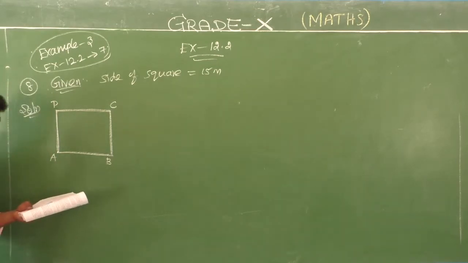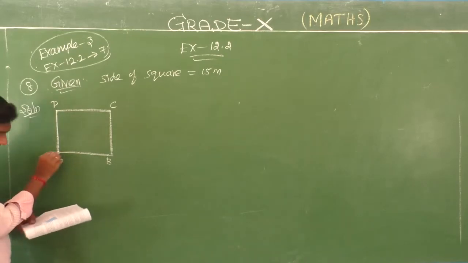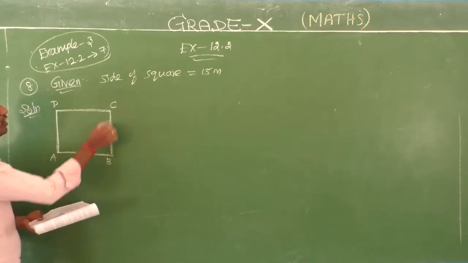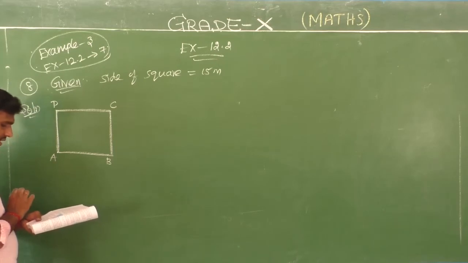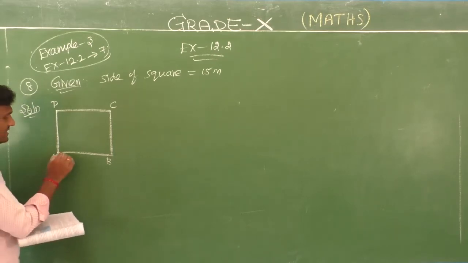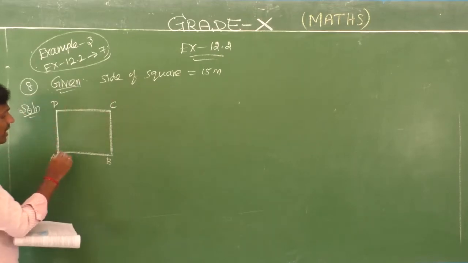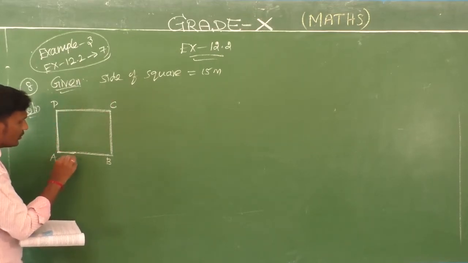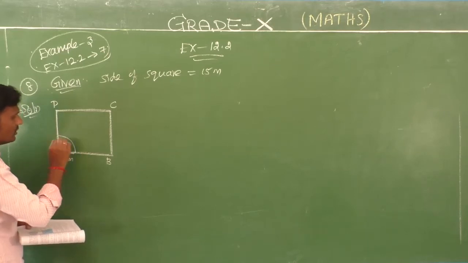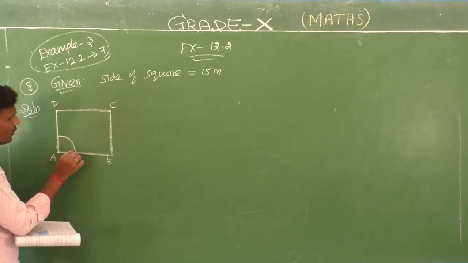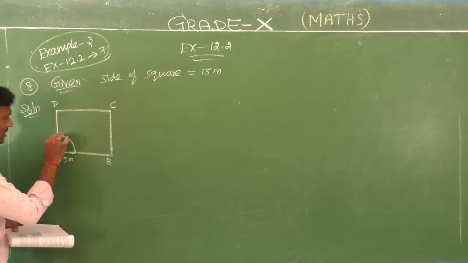A horse is tied at one corner of the square-shaped grass field. The side I already mentioned, that is 15 meters. So the length of the rope is 5 meters. From the 5 meters I am going to take like this. So it forms one sector.